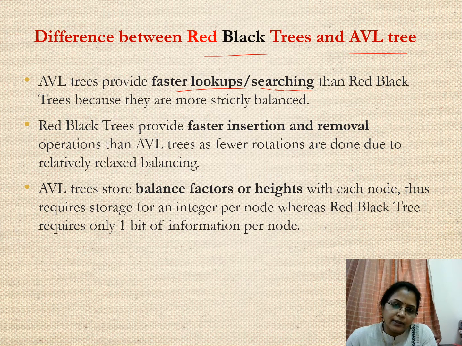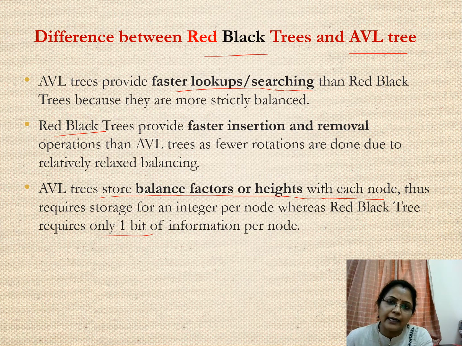So if you have a larger number of insertion and removal operations, then red-black trees are a little more efficient. Another difference is that AVL trees store the balance factor or height with each node, so the requirement is 2 bits per node, but in the red-black tree it is only 1 bit.